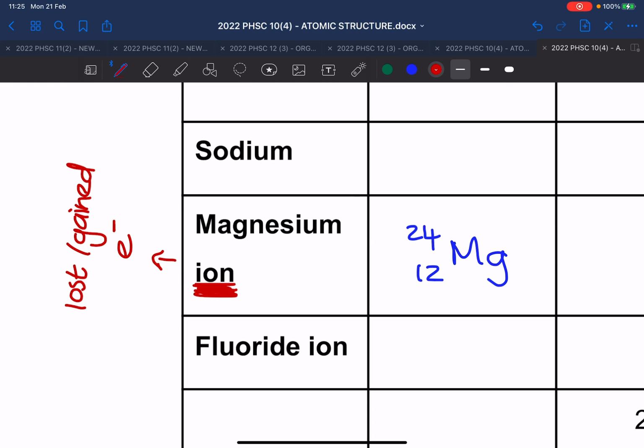Magnesium. On the periodic table, in which group will you find it? Group 2, and the name of group 2? Alkali earth metals. What does the valency of group 2 elements become?